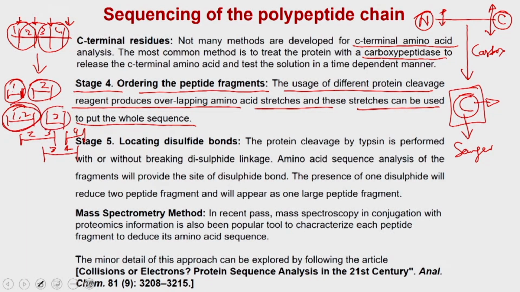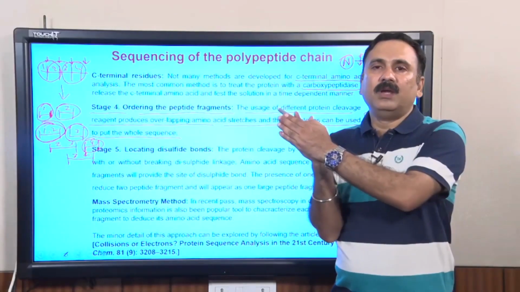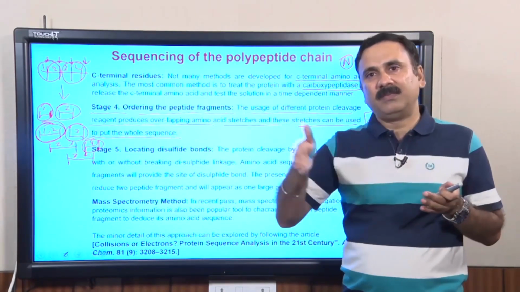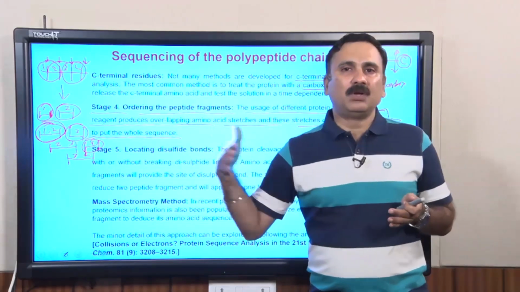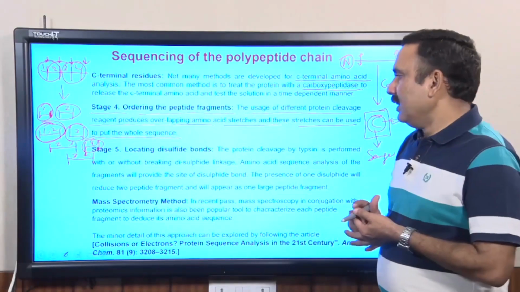Similarly, if I have 3 and 4 separately, and an overlapping stretch covering 3 and 4, then it will not take much time to understand that this is the junction point. That is how you are going to put 1, 2, 3, 4 one after the other, and that is how you are going to have the full sequence ready.